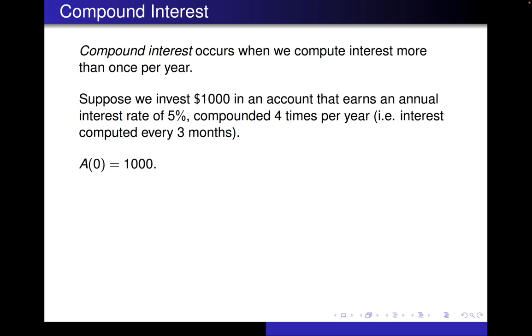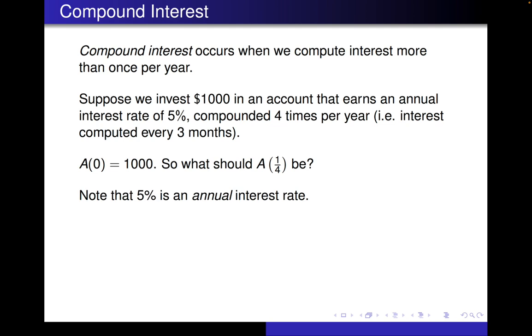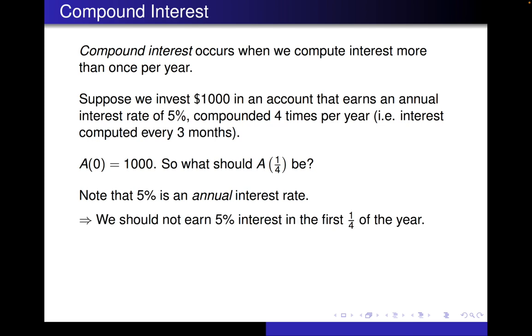So at time 0, we have 1,000. The question is, what should we have after a fourth of a year? Well, remember, 5% is the annual interest rate, so we shouldn't get 5% of 1,000 after only a fourth of a year, because a fourth of the year is only a fourth of the annual time period. So definitely we should not earn 5% interest in the first 1/4 of the year.